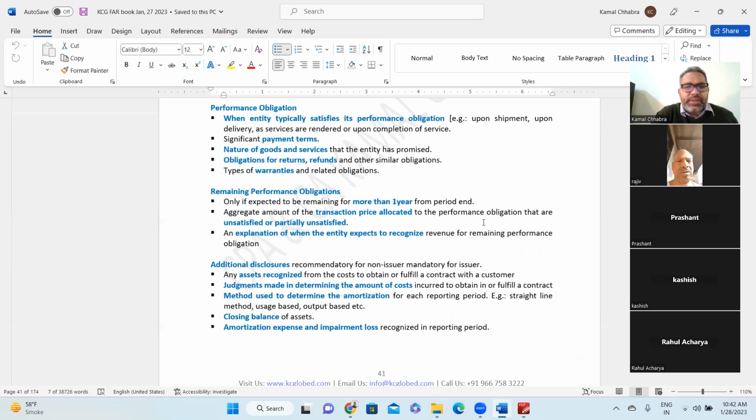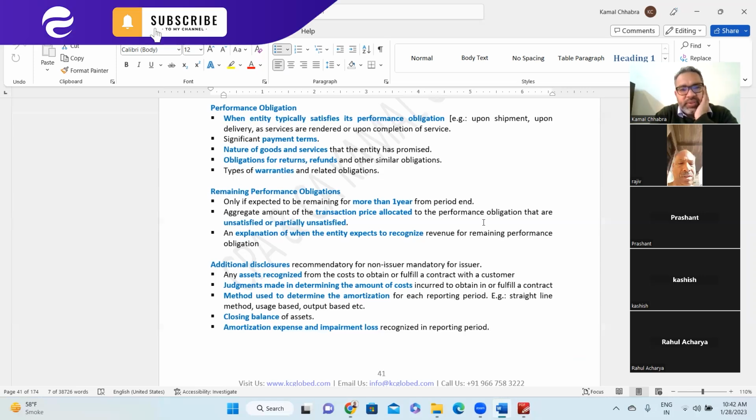So next is performance obligation. When the entity typically satisfies its performance obligation, that you need to mention, like we were discussing in the earlier example also: upon shipment, upon delivery, as services are being rendered, or upon completion of services. We need to clearly mention that over here.